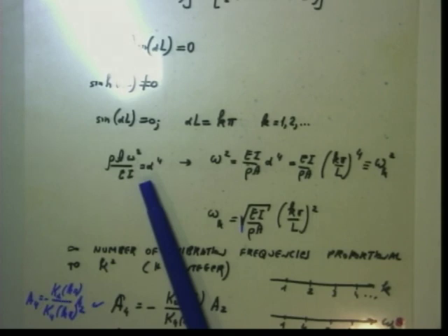You cannot pick any frequency from 0 to 1 and say every frequency is a natural frequency. No. There is a first frequency, then a second frequency. To calculate the first frequency, I put k equals 1. To calculate the second, I put 2. Then to calculate the third, I put 3. To calculate the thousandth frequency, I put 1,000 here. So they are separated.